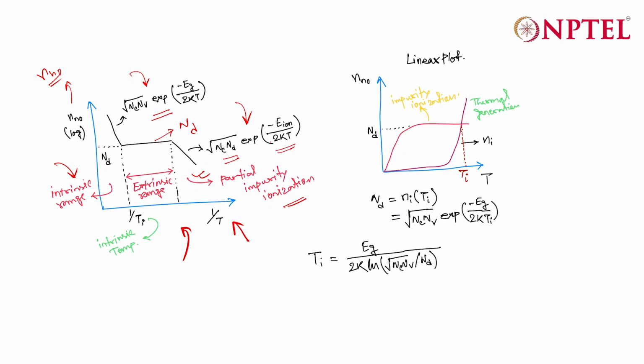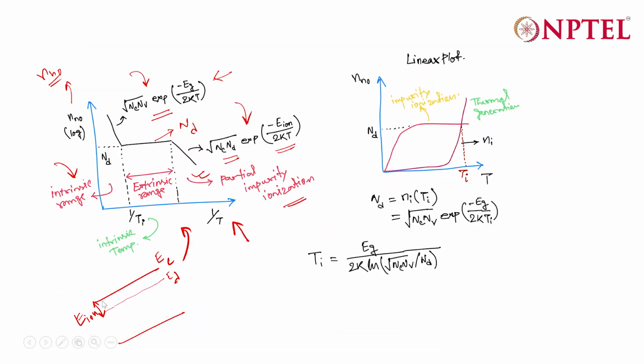So we have expressed this formula by comparing the situation with the intrinsic range, right? In this case, as I already have mentioned, you have a band diagram wherein this is your Ed and this is your Ec. So this difference is known as E ion, and in this case all your carrier movement will be from Ed to Ec, right?